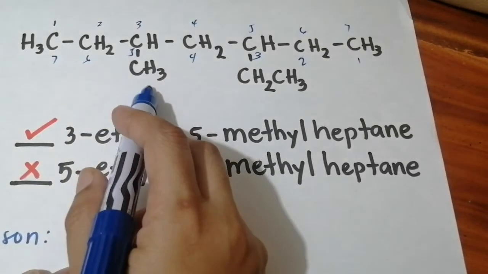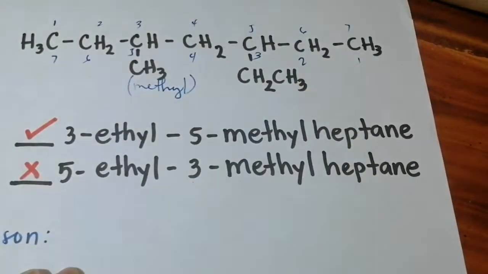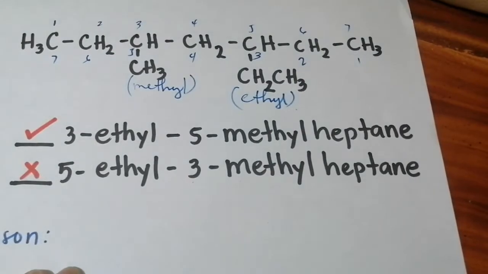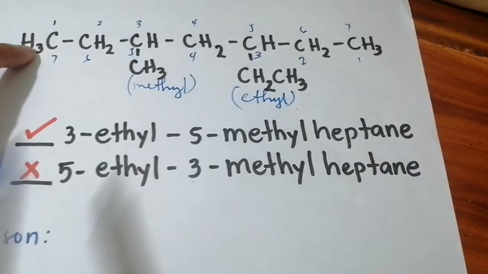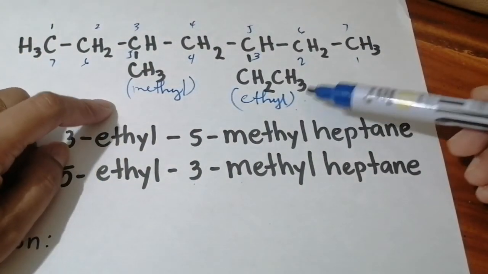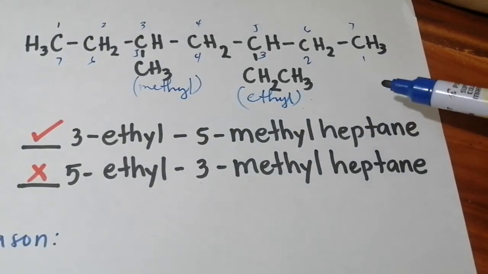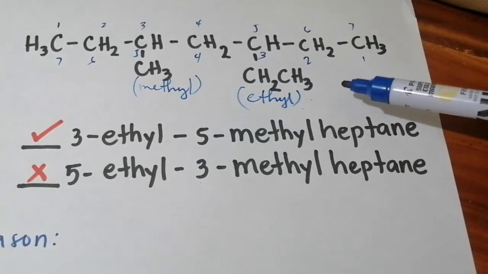If we name this substituent, this is methyl. This substituent is ethyl. Since they have the same position, both on the third carbon, even if we start from here or from here, our basis when we name is to start the counting, the least number of carbon, from the substituent that comes first in the alphabet.